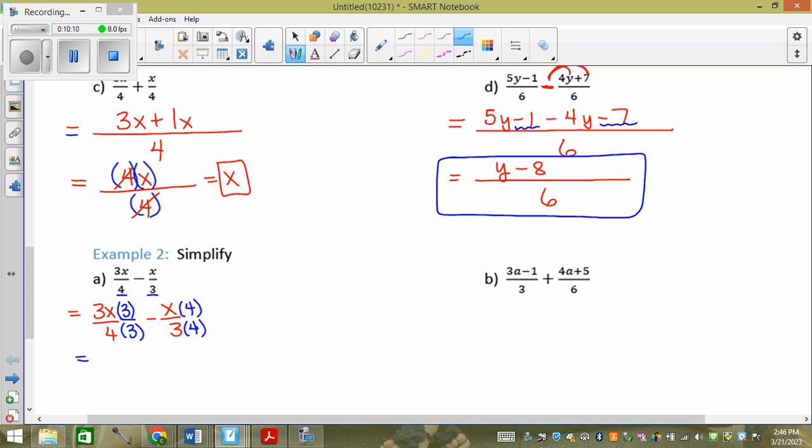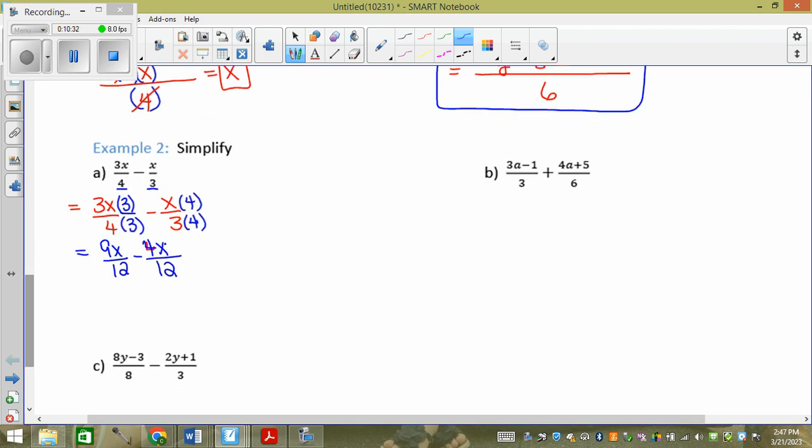And so I'm going to get 3x times 3 is 9x over 12, minus 4x over 12. Now we're just back to where we were. We have common denominators. If we have common denominators, we can write them over one denominator, right?